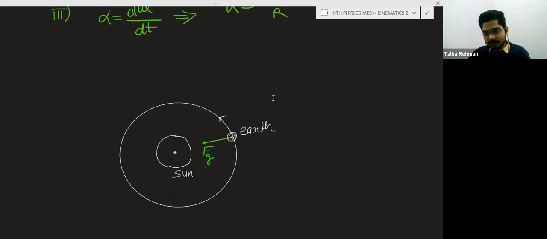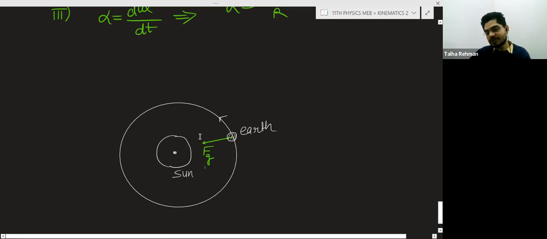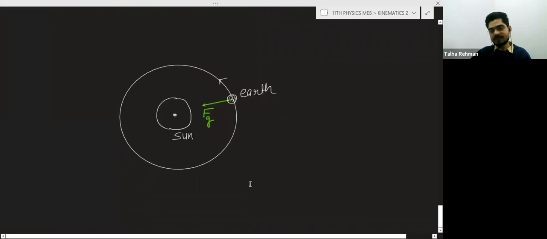That can be the gravitational force, the electrostatic force, the friction force, the normal reaction, or any other external force. So here, what force is it? Here it is the gravitational force only. In this case I am just considering the gravitational force on this earth.